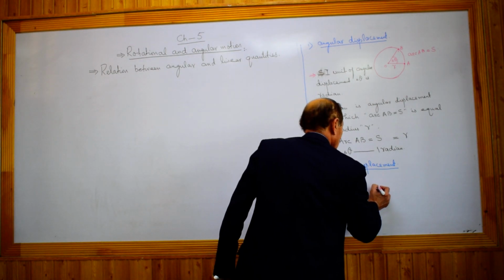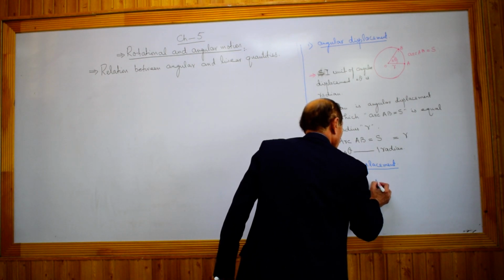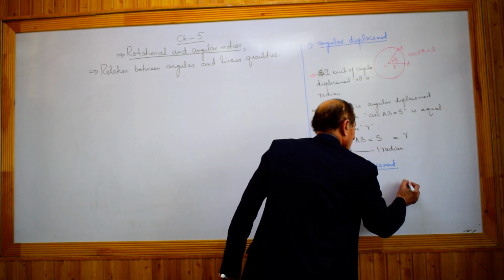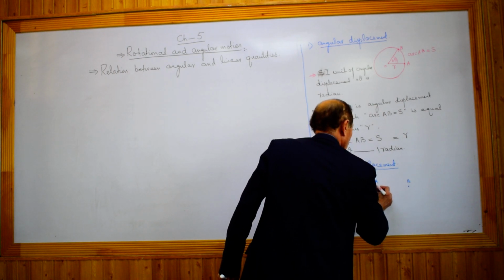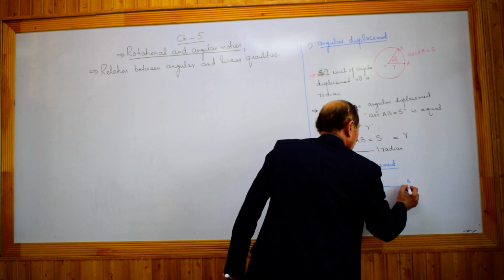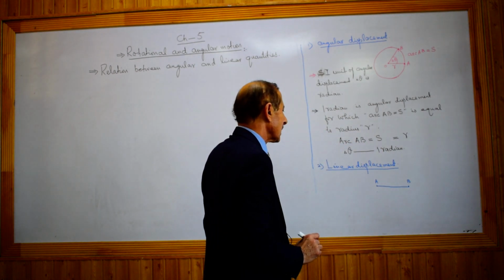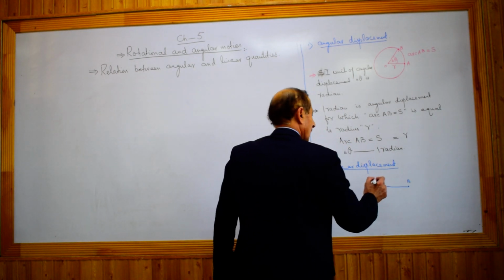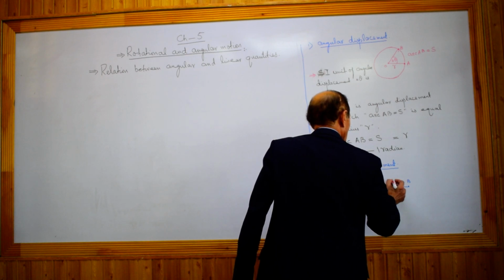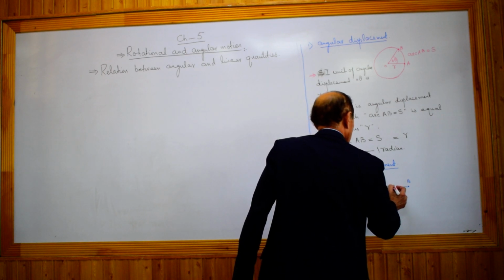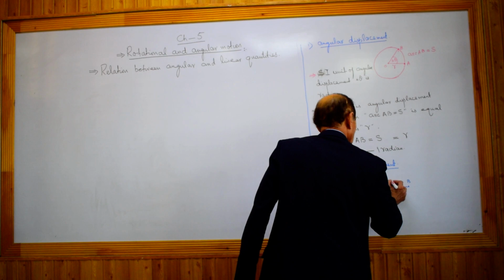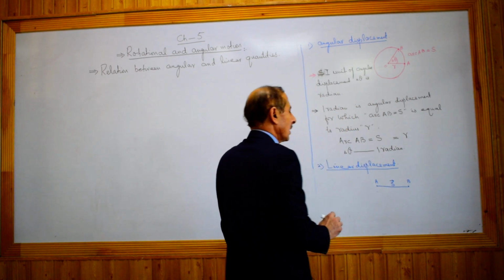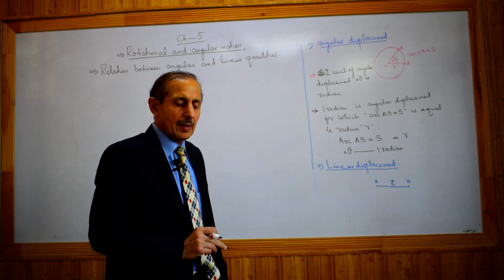Suppose कर लें, let point A and point B. So the shortest distance between point A and point B is the straight line AB. This is the linear displacement. Let this linear displacement be represented by S, which is a vector quantity.